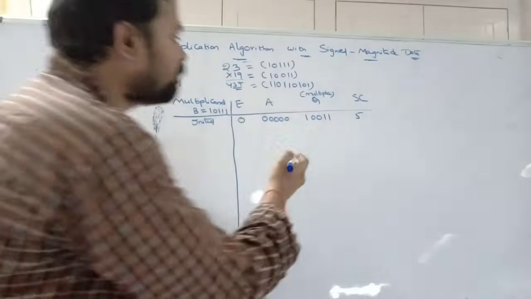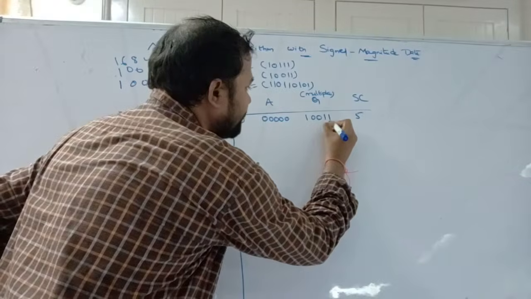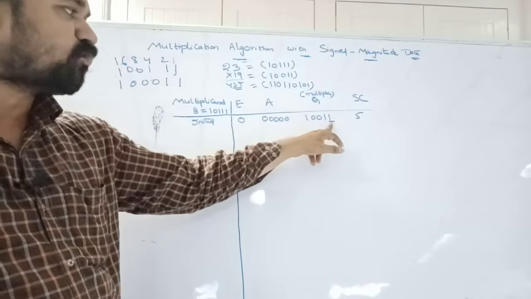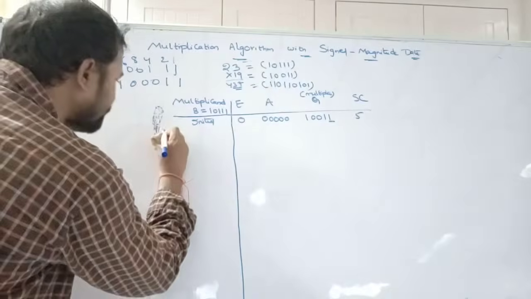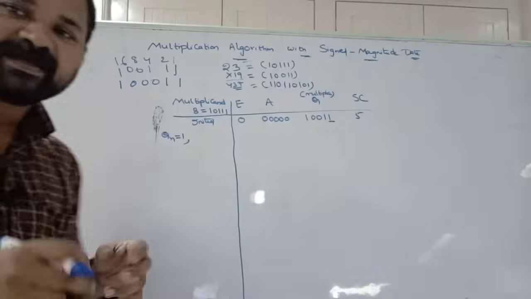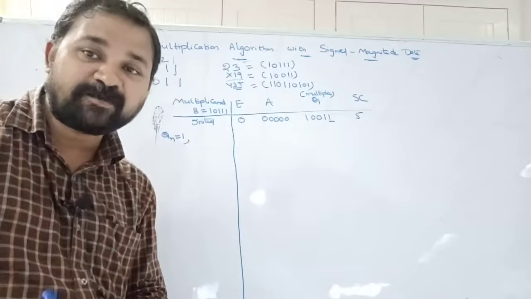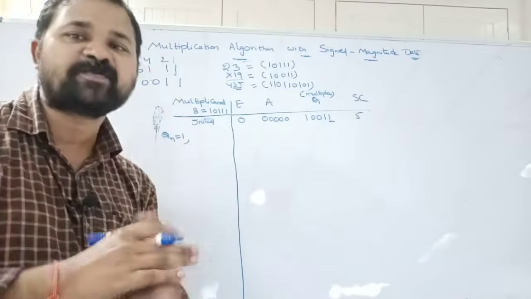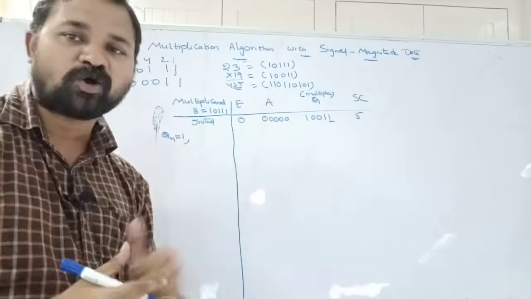So every time we have to check the least significant bit of the multiplier. So what is the least significant bit of the multiplier now? 1. So the value of the Qn is 1. So if the value of the Qn is 1, then we have to add multiplicand to the partial product. This A contains partial product. Initially A contains all zeros.